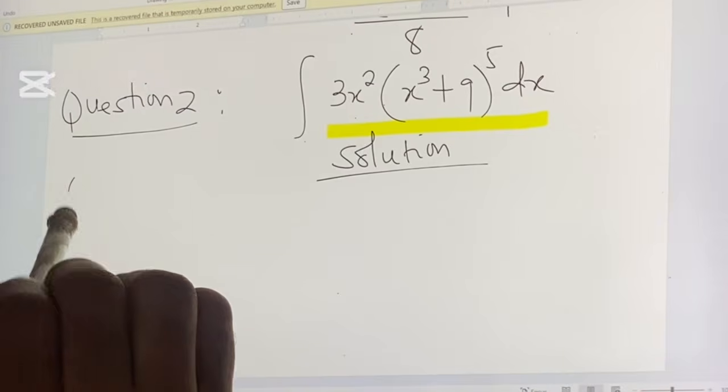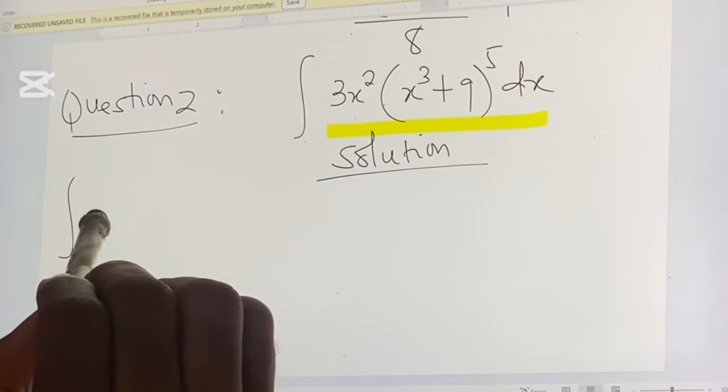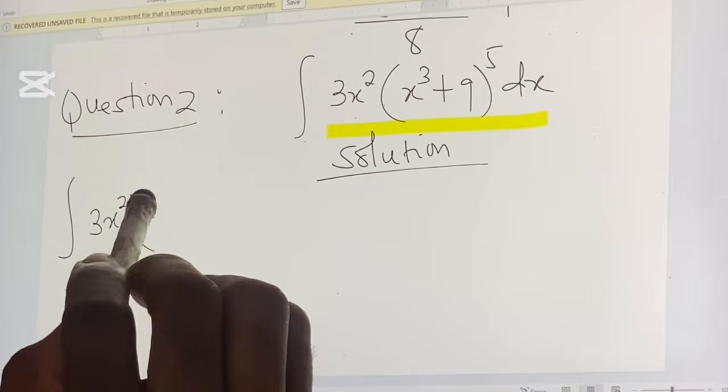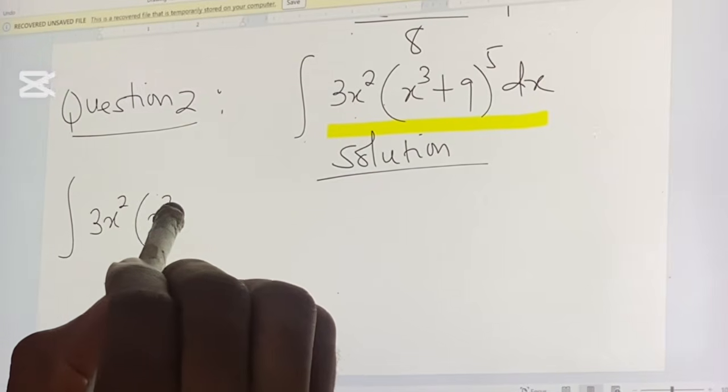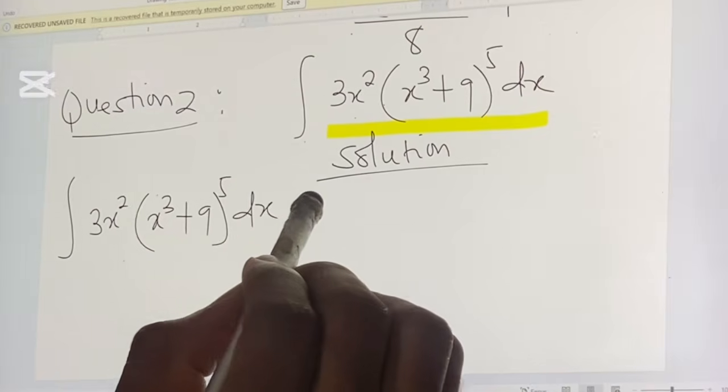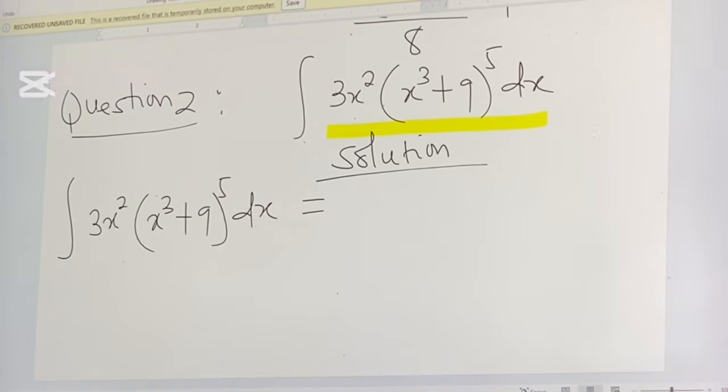We have the integral of 3s squared into (s raised to the power of 3 + 9) raised to the power of 5 ds. This is the pattern we integrate.